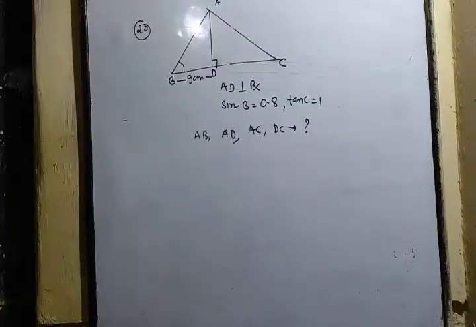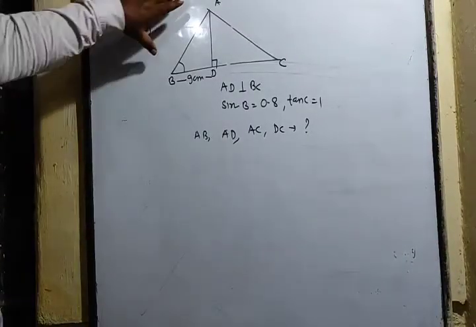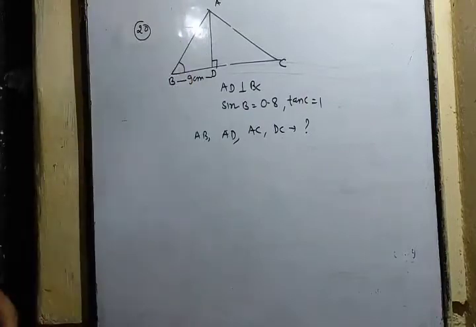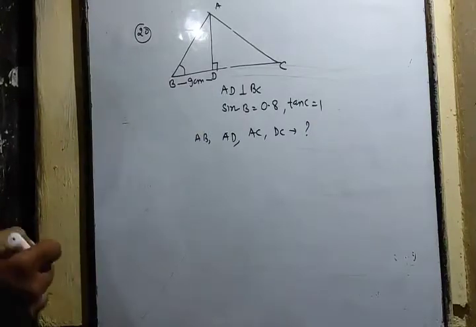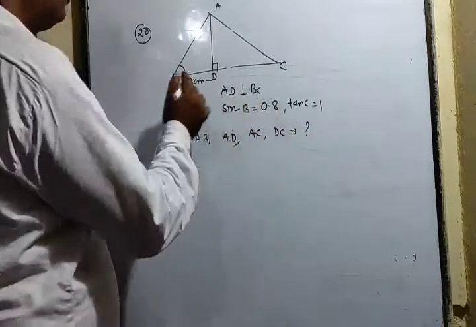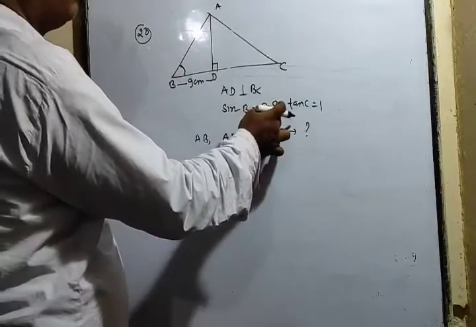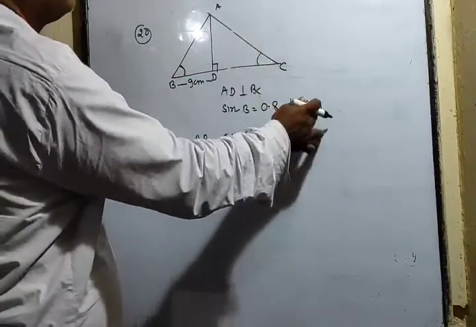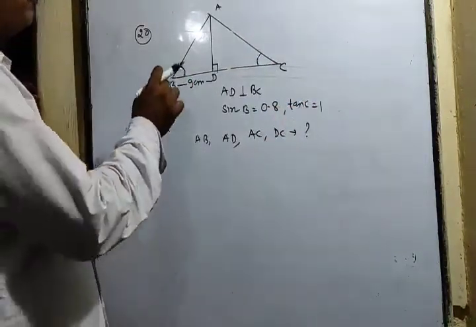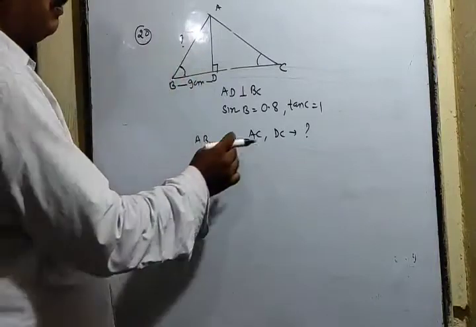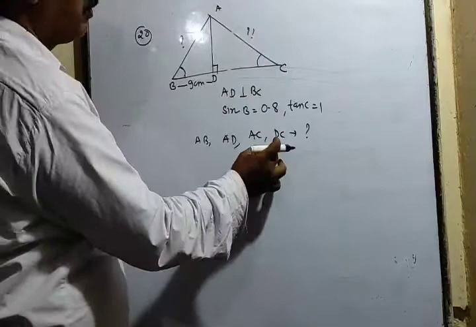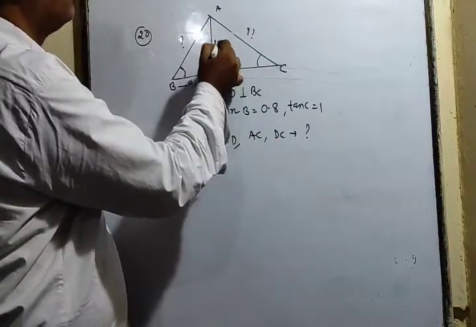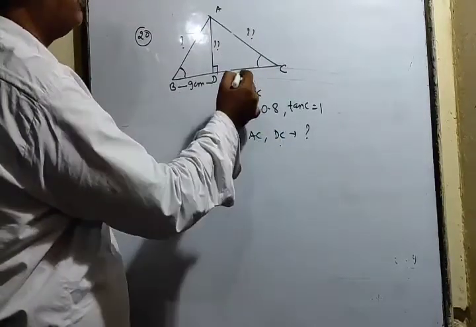Now we are in question number 20. It's talking about a triangle ABC where AD is perpendicular to BC. This length BD is given 9 centimeter. Sine B is given here 0.6. Tan C is given 1. And we have to find out length of AB, length of AC, length of AD, and length of DC.